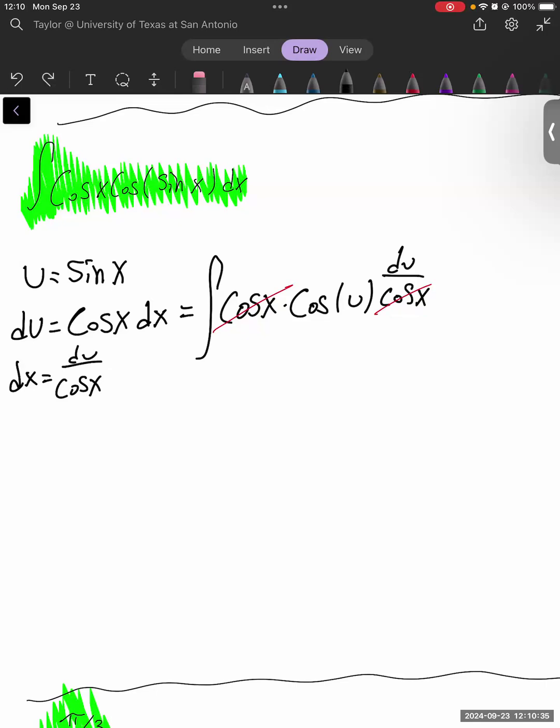And then rewriting that gives me cosine of u du. And then what is this integral? Negative sign. Minus sign? Oh no, it's just sine, right?